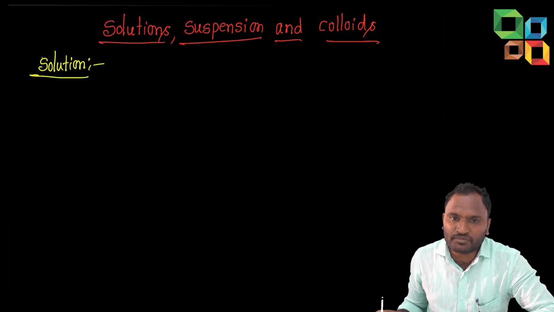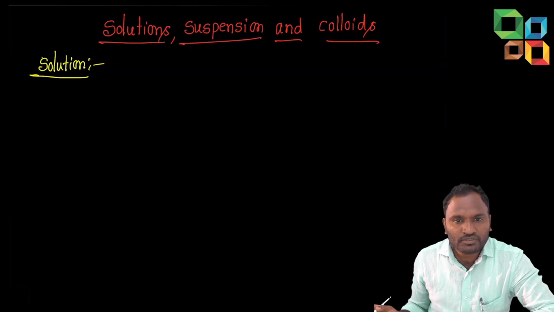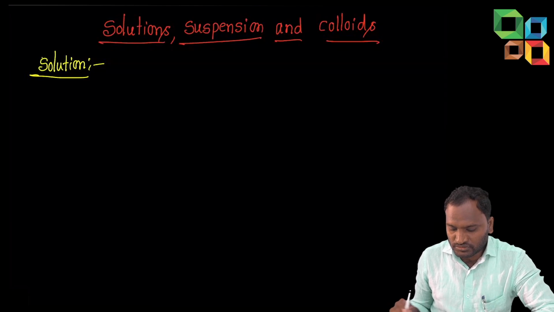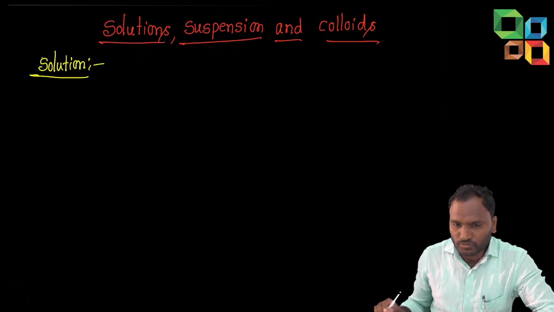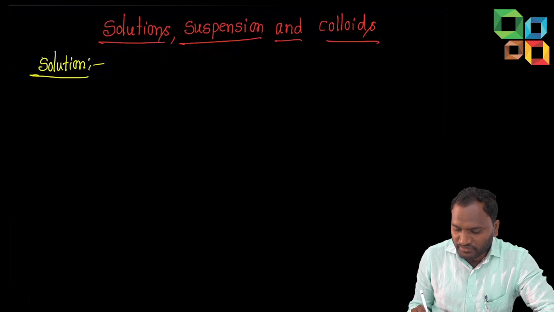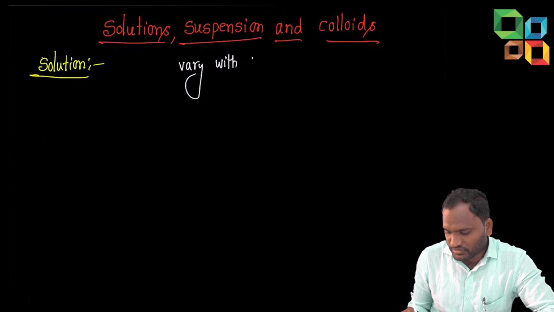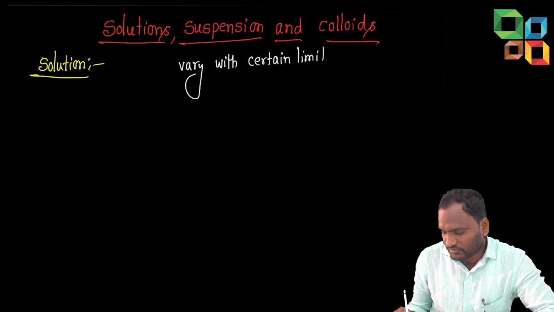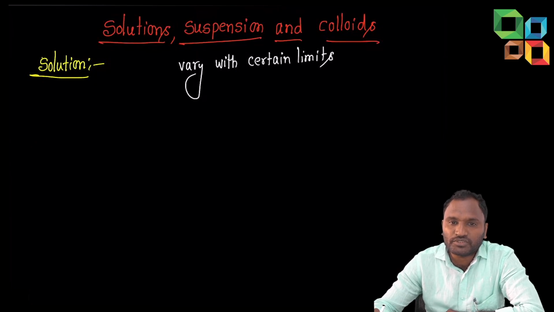Now I'm going to define solution. A solution is a homogeneous mixture of two or more components whose composition varies within certain limits. Certain limits means that by changing some factors, the composition will change.